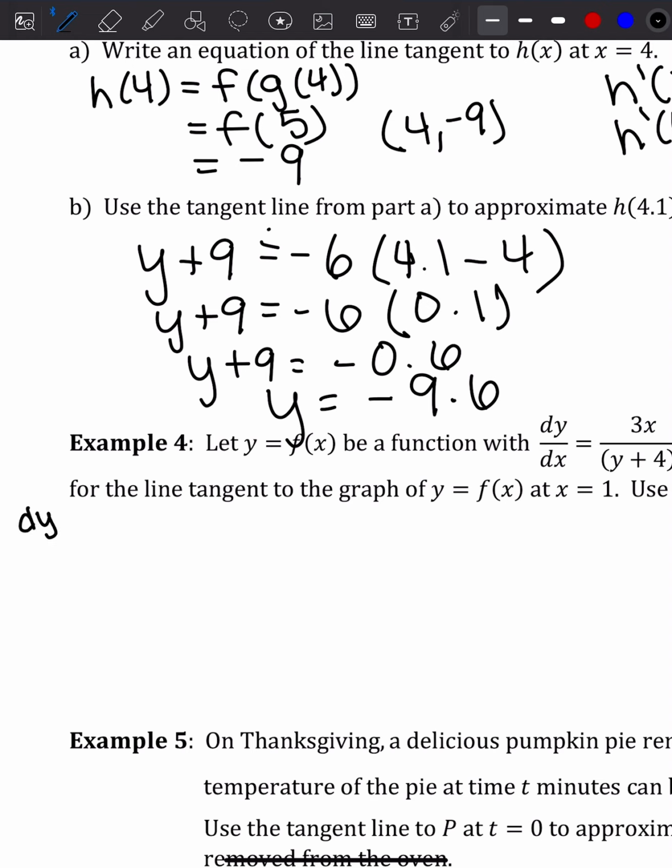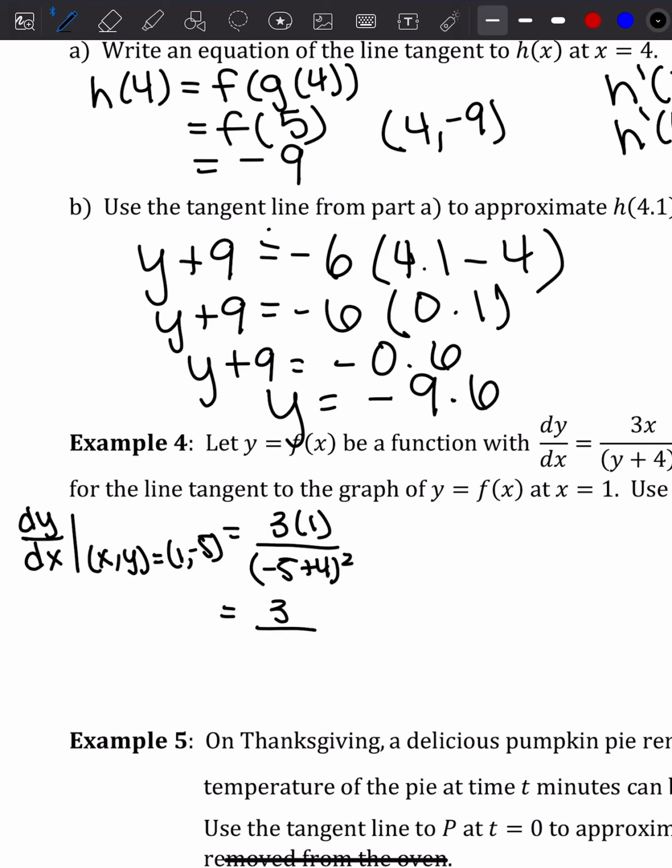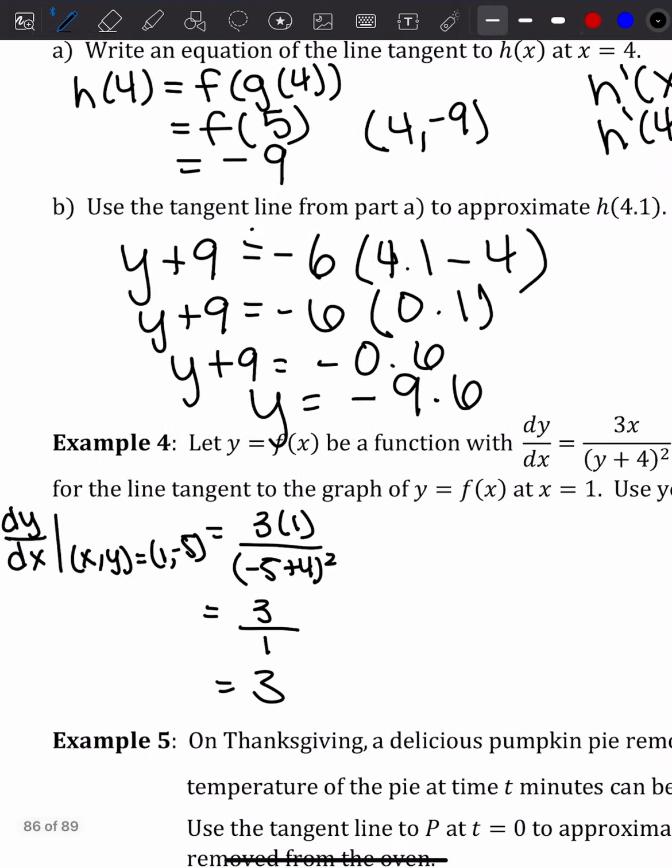So dy over dx, evaluated at the point (1, -5). So we have 3 times 1 divided by (-5 plus 4) squared. So 3 divided by 1 squared, so our slope is 3.